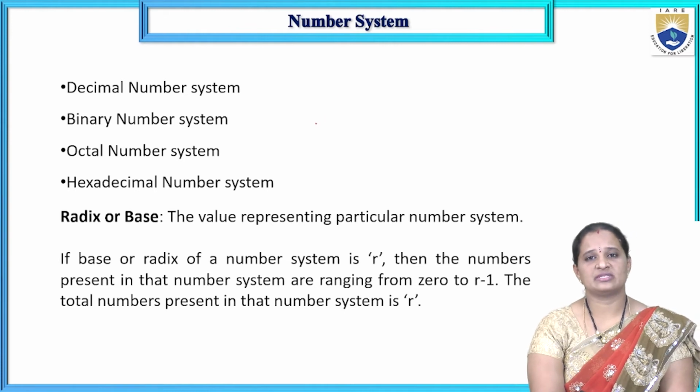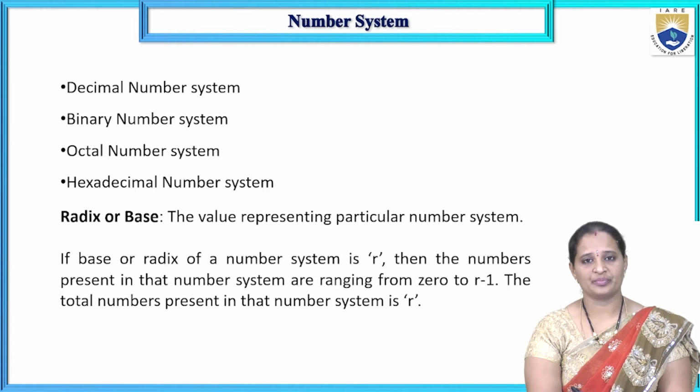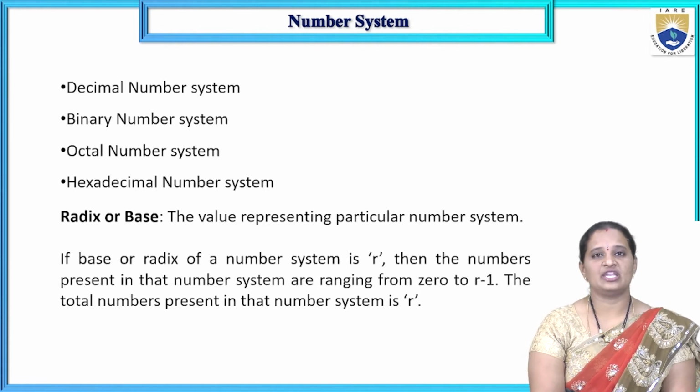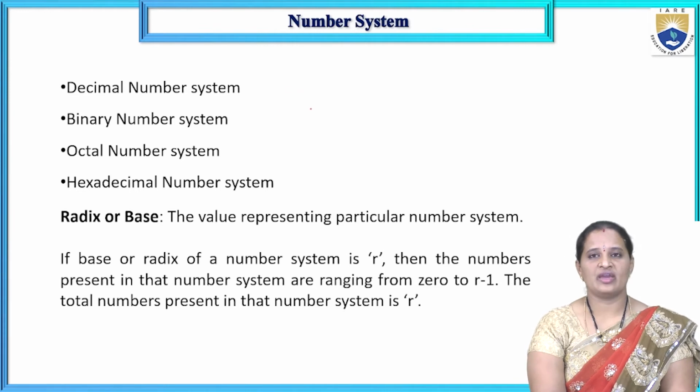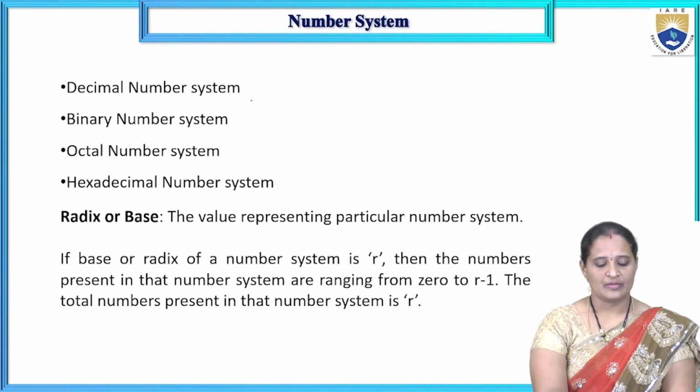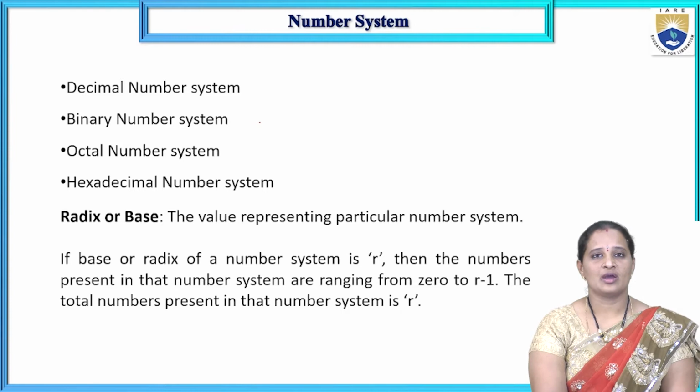So what is a number system? A number system is a way of representing a number or any information. We have various number systems: decimal number system, binary number system, octal number system, and hexadecimal number system.